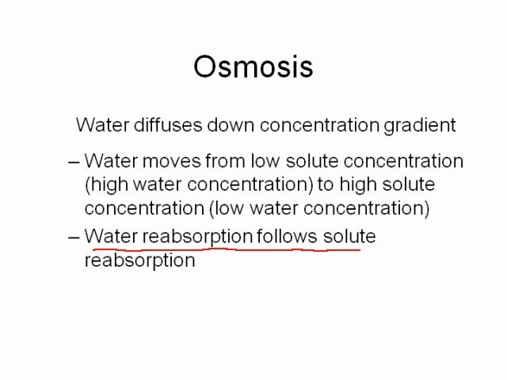So water reabsorption follows solute reabsorption. As solute is lost in the renal system, we have sodium that's leaving the tubular lumen being reabsorbed, and water follows; we've already seen that as an example.